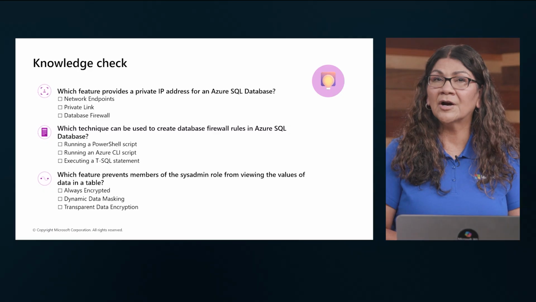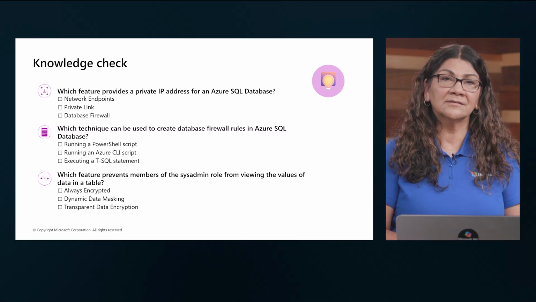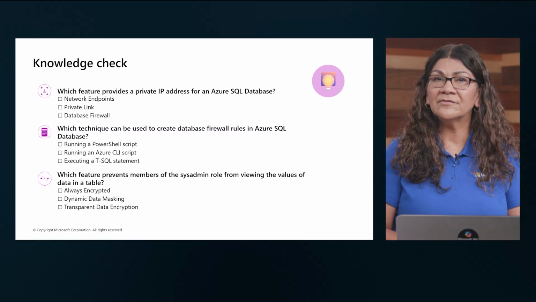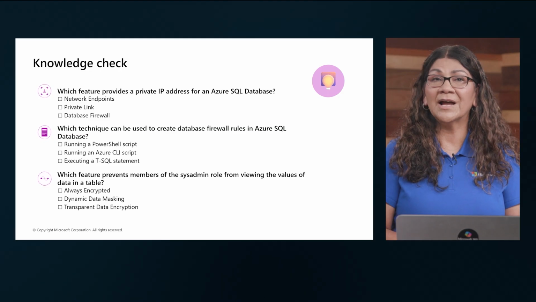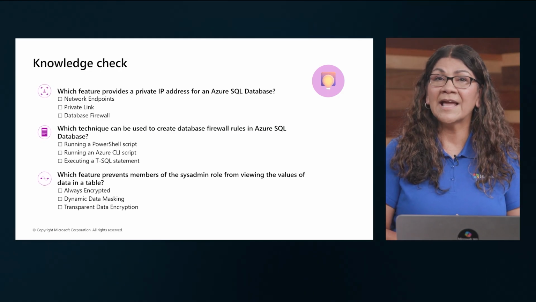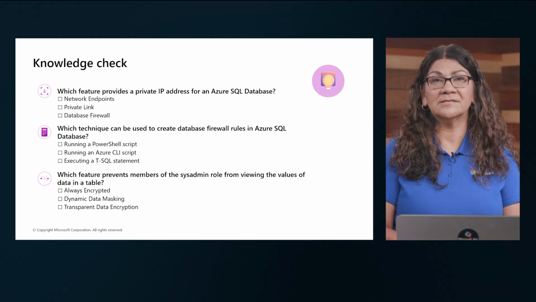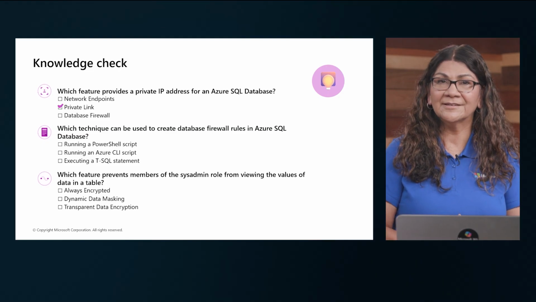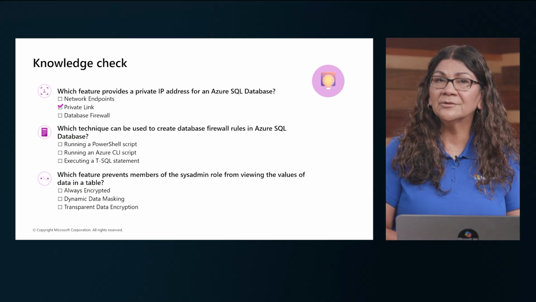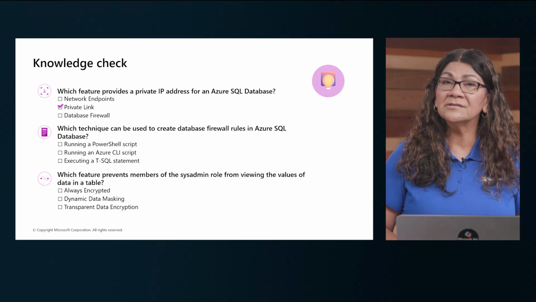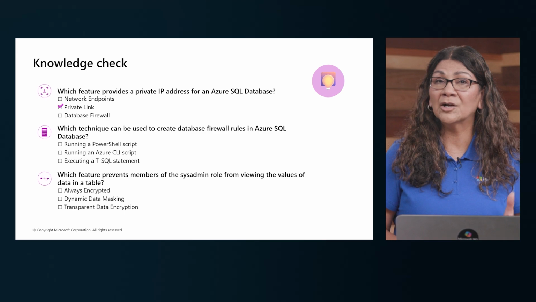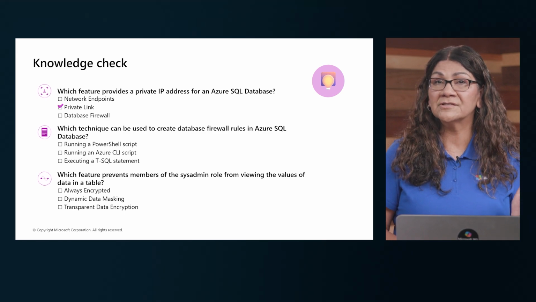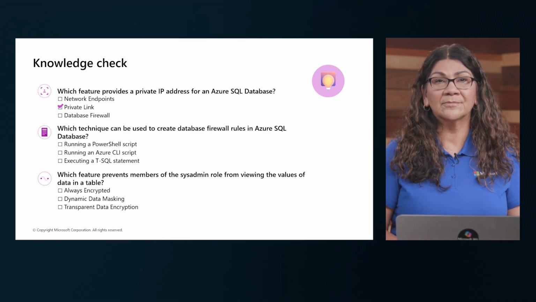Now it's time for our knowledge check. Question 1. What feature provides a private IP address for an Azure SQL database? Answer: Private Link. Question 2. Which technique can be used to create database firewall rules in Azure SQL Database?